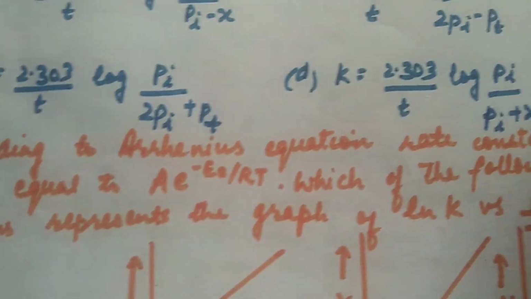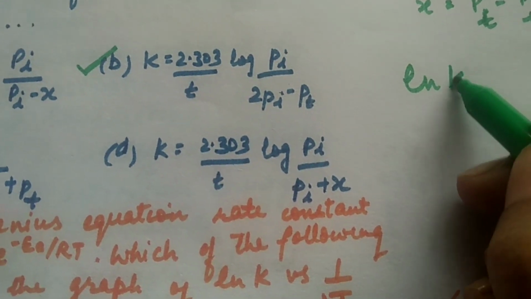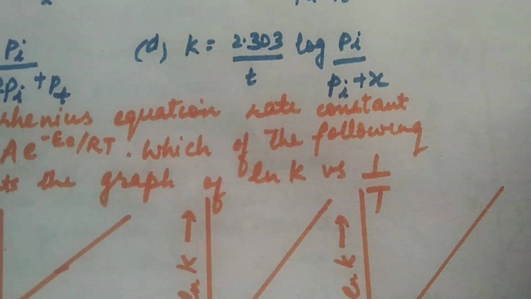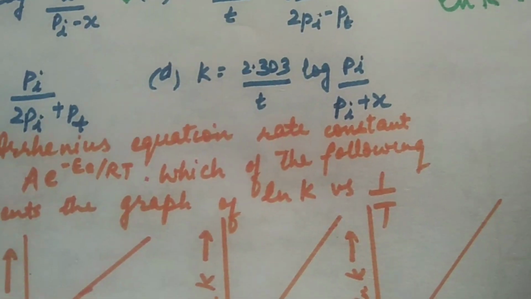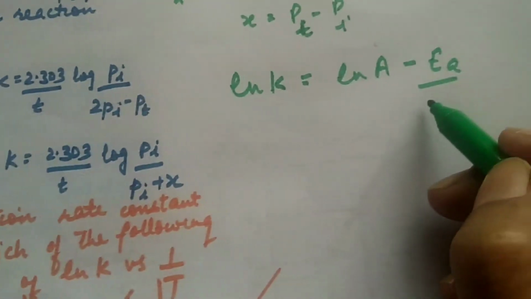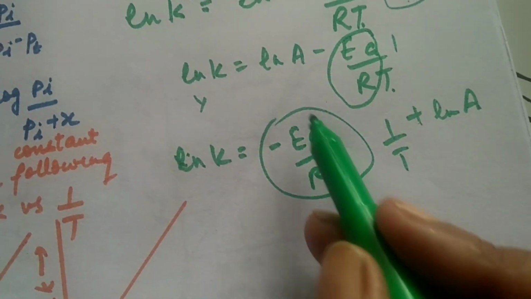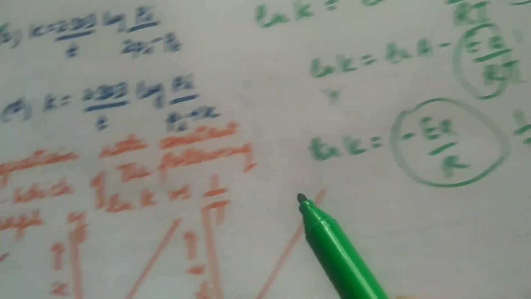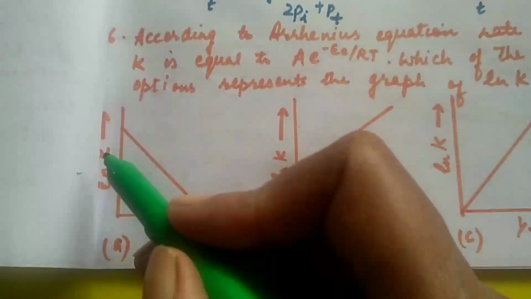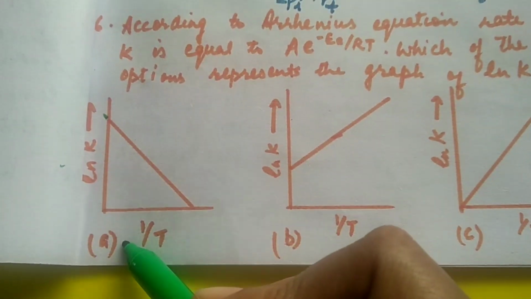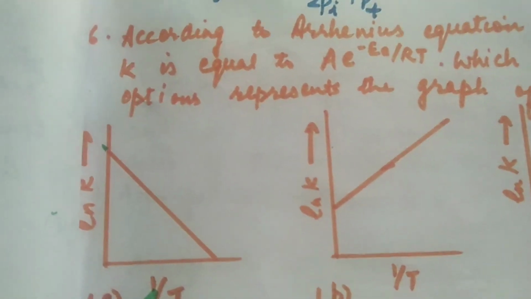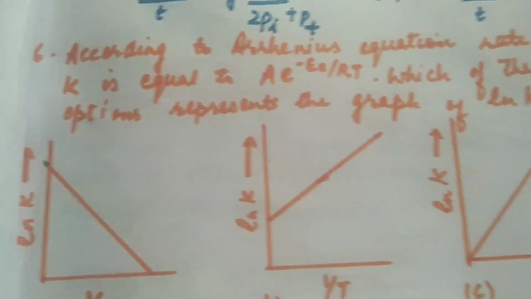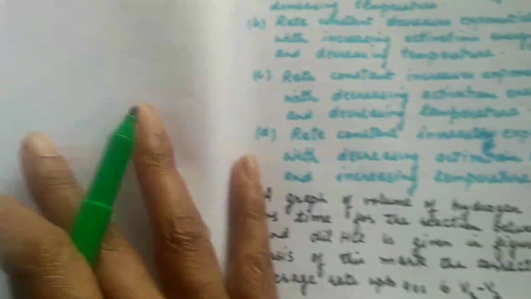We get ln k is equal to ln A minus Ea upon RT. The slope is negative, so the graph should be in a decreasing manner. A should be the correct answer. Option A is the graph which shows the relation between ln k and 1 by T.